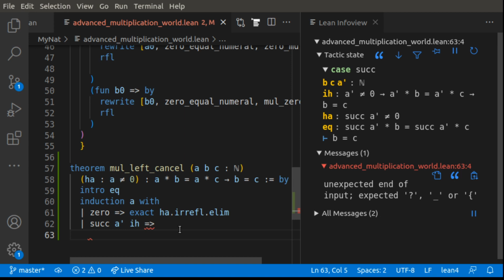And we have EQ, which is successor of A prime times B equals successor of A prime times C. Ooh.